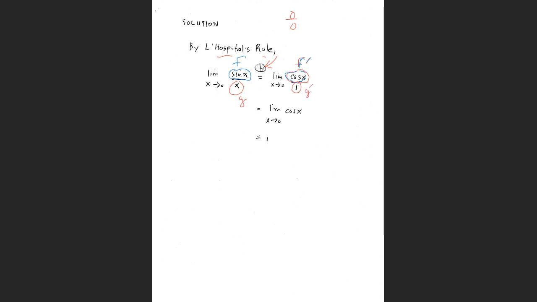The derivative of sine is cosine, and the derivative of x is 1. So now you have the limit of cosine of x as x goes to 0. If we now take the limit, that's just the cosine of 0, and that equals 1. See how fast that was?